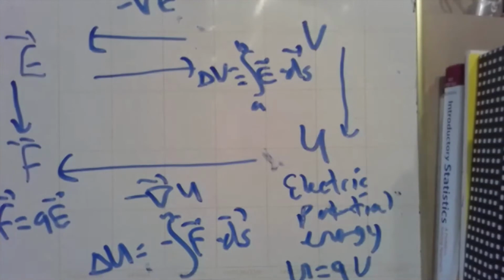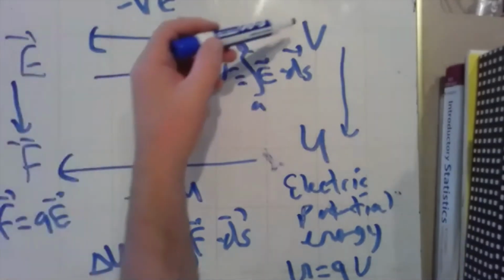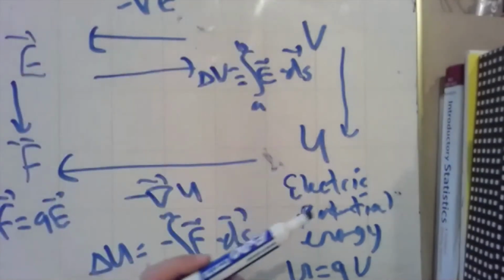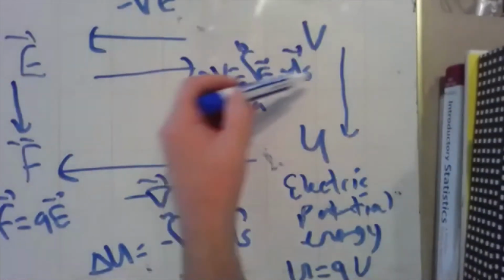So if I have two charges and I want to move them around, I want to find how much work is required for me, or for the electric field, inversely, to move charges through space. I've got a few different ways I can get there. I could say each of these charges creates a potential.